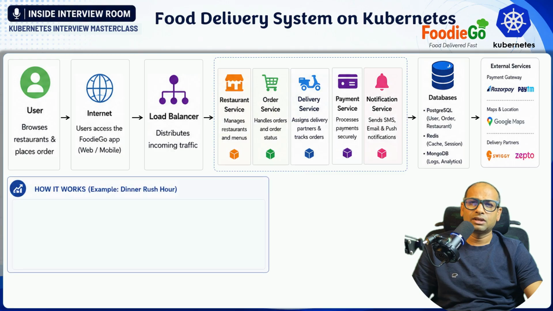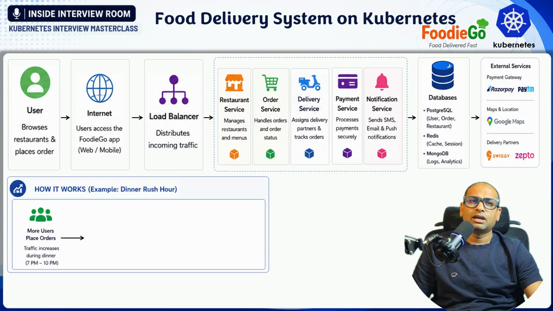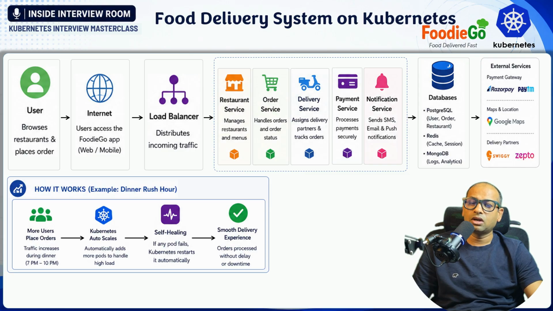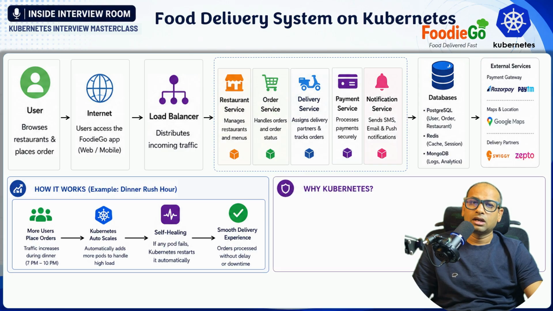How it works during dinner rush hour: more users place orders, and traffic increases during dinner, 7 p.m. to 10 p.m. Kubernetes autoscales and automatically adds more nodes to handle the high load. Self-healing: if any pod fails, Kubernetes restarts it automatically. A smooth delivery experience, with orders processed without delay or downtime.